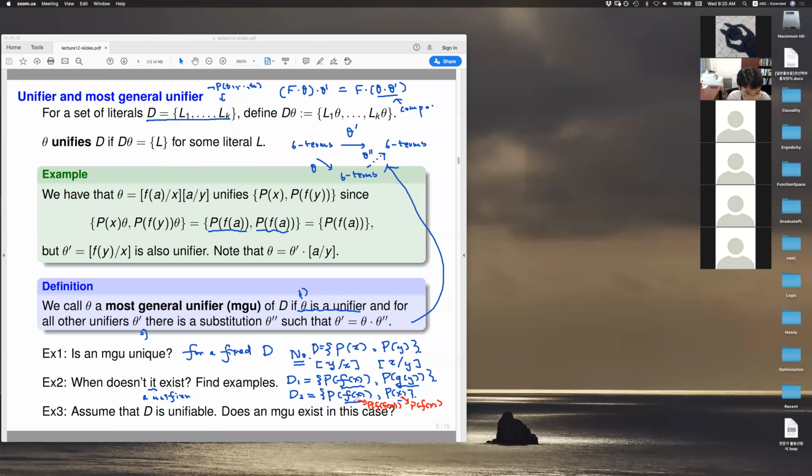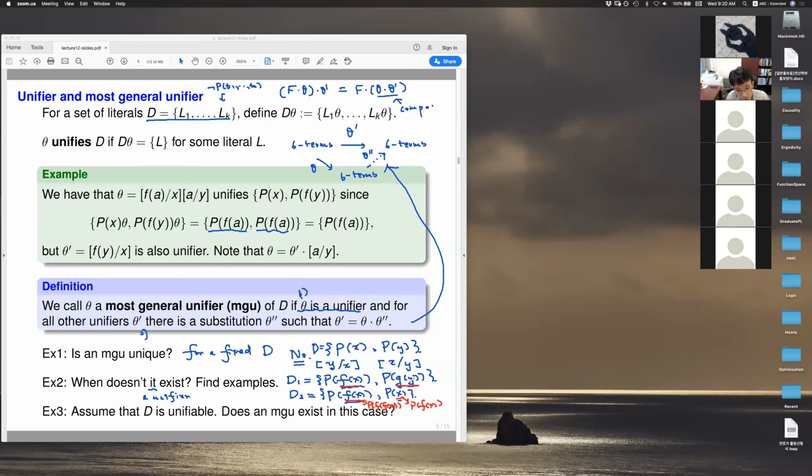In the corresponding position, in one case you have a variable and in the other a term, and the variable x appears in the term that we try to make equal to it. In that case we won't be able to make them the same by applying a substitution. The earlier case is where we have two terms which need to be the same, but they start with different symbols.